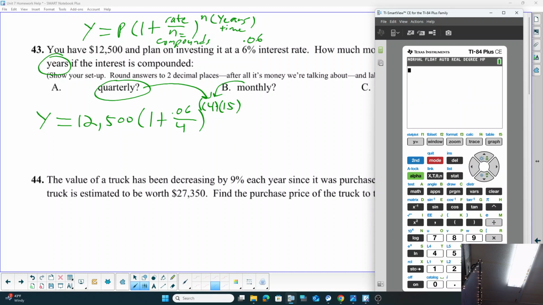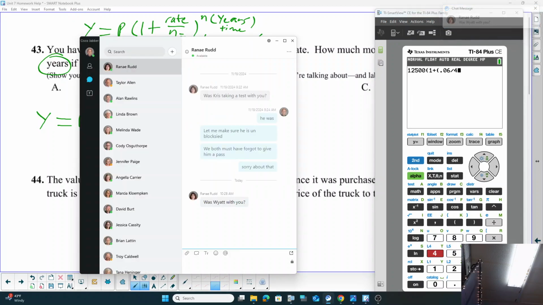So then you go to y equals 12,500 times 1 plus 0.06 divided by 4. I would use a parenthesis for that, just in case. So 0.06 divided by 4.